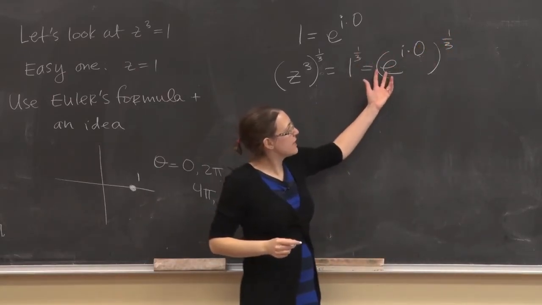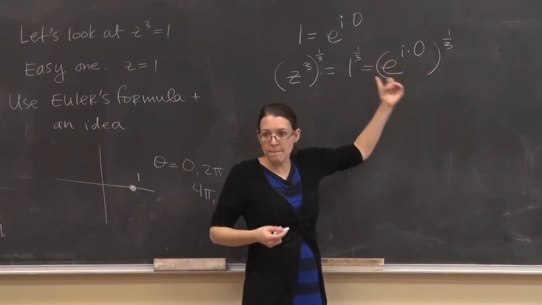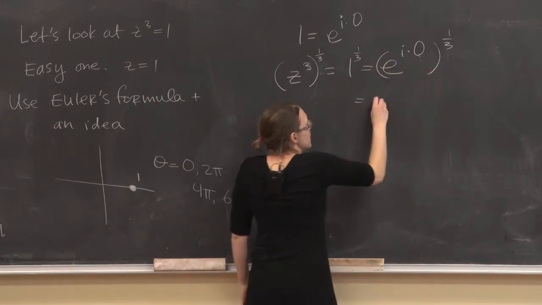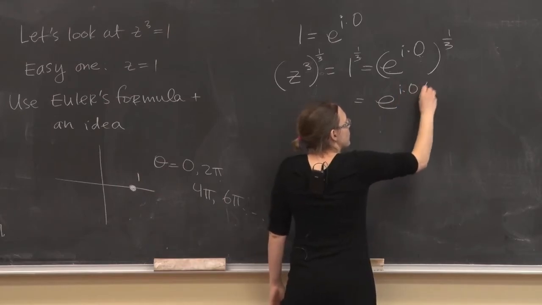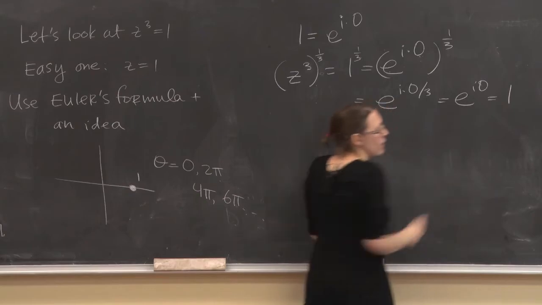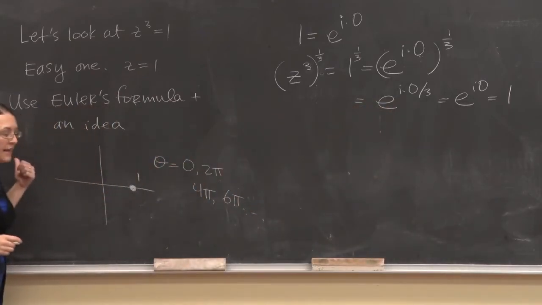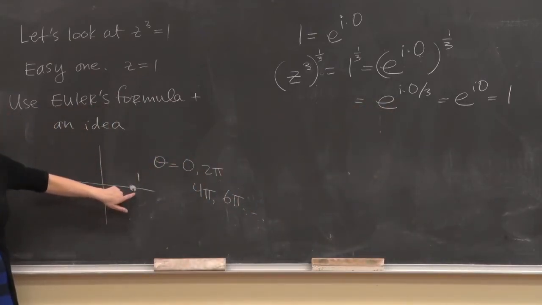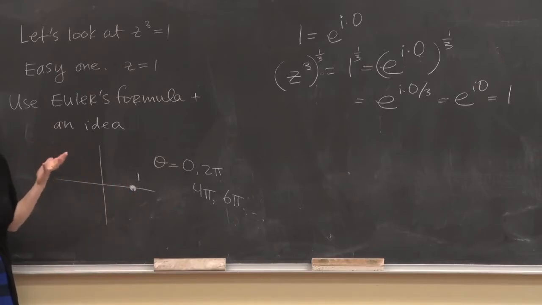Here I just use exponent laws and multiply my exponents, and that's e to the i times 0 divided by 3, which is just e to the i times 0, which is 1. So that's the first one I got, thinking of 1 as having argument 0 and dividing that argument by 3 using exponent laws.